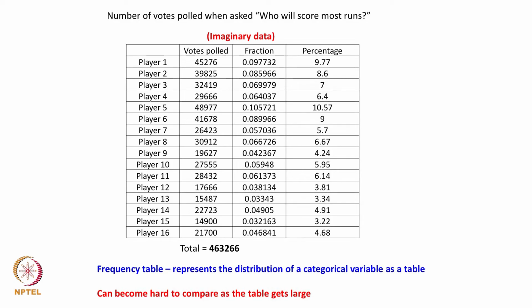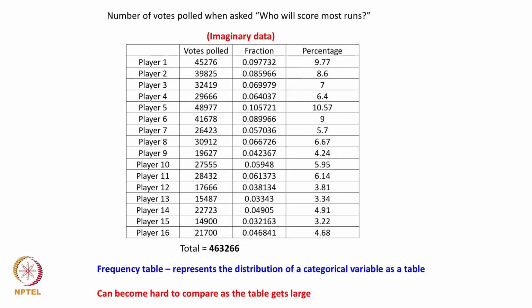For example, player number 1, let us say, polls 45,276 votes, or 45,276 people believe that player number 1 listed here would score the maximum runs. So this is a data table where we have 4 columns. The first column would be the name of the player, the second column is the number of votes polled, the third column would simply be the fraction of the total votes polled, and the fourth column is the fraction represented as a percentage.